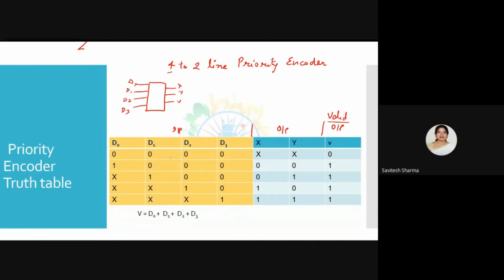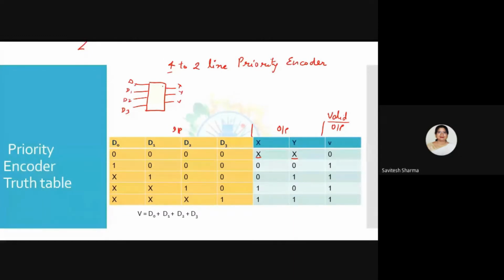If 0, 0, 0, 0 are the inputs, how will this circuit respond? I will assign X as don't care and Y as don't care, because when all inputs are low, whatever the values of X and Y, I don't care. So how will it indicate whether the output is useful?